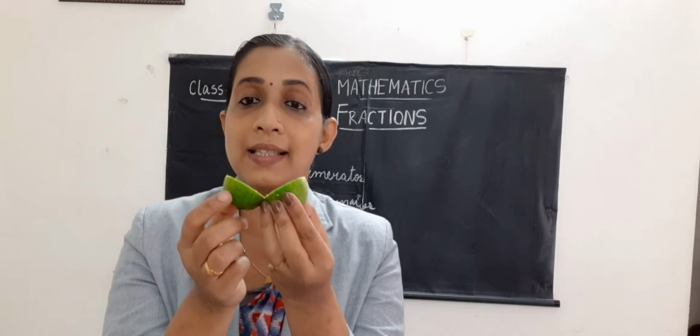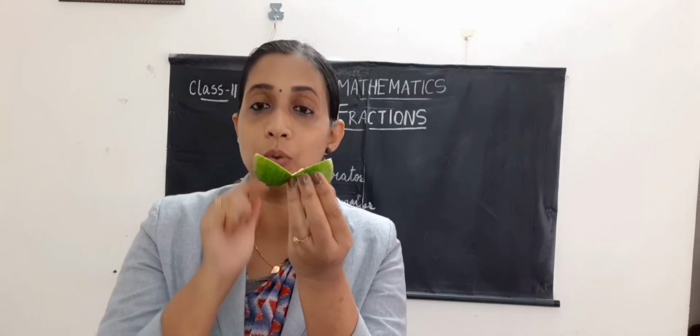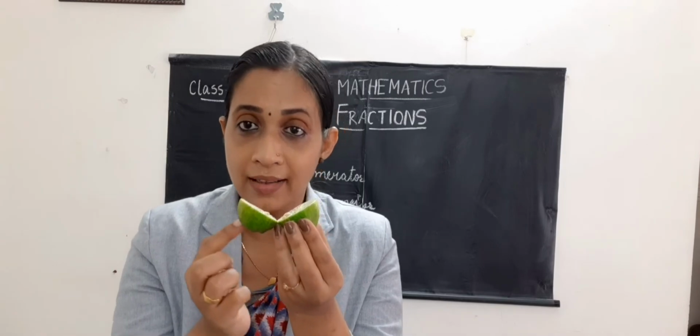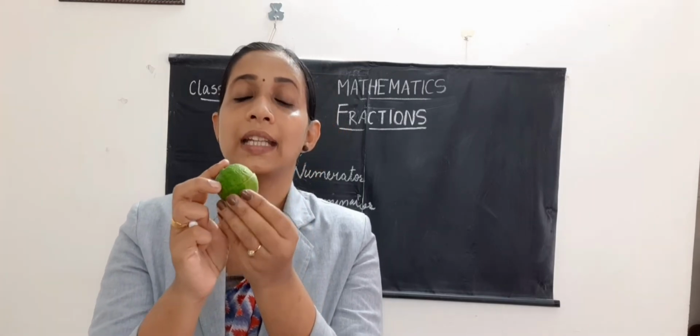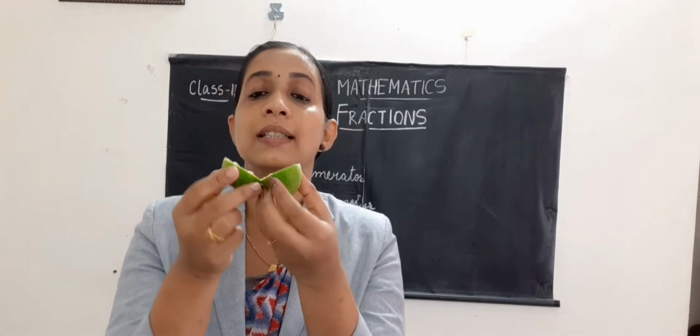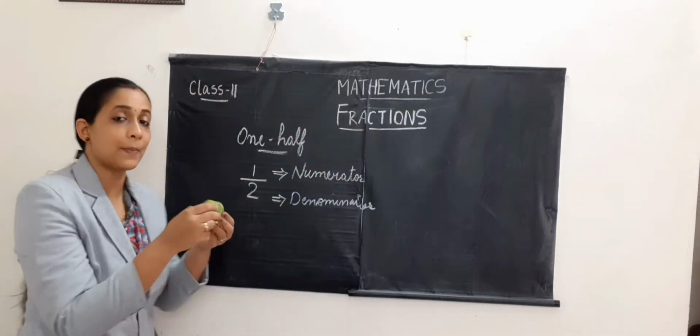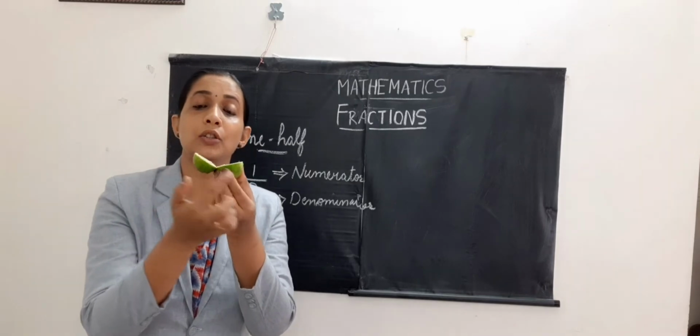Here, how many parts are there? 1, 2. Okay, so in the numerator, you will write the part referred to, and in the denominator, the total number of parts. Now tell me, how many parts are there here? There are 2 parts.